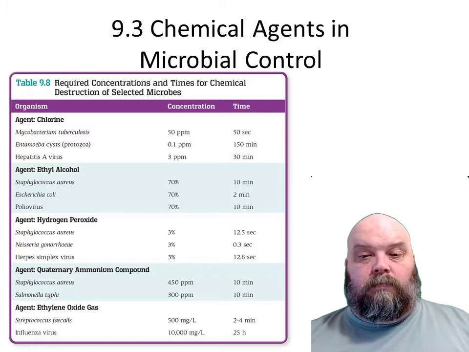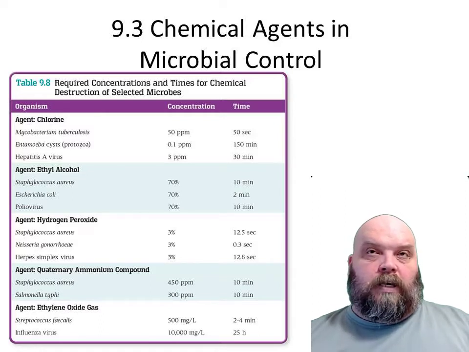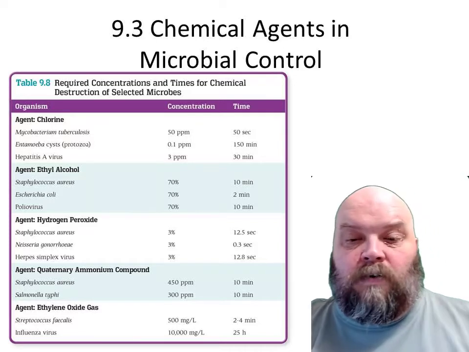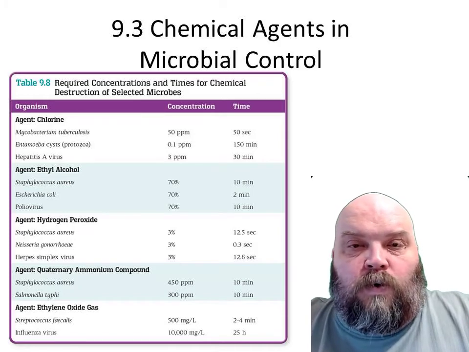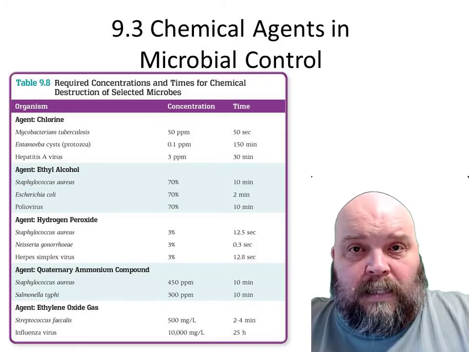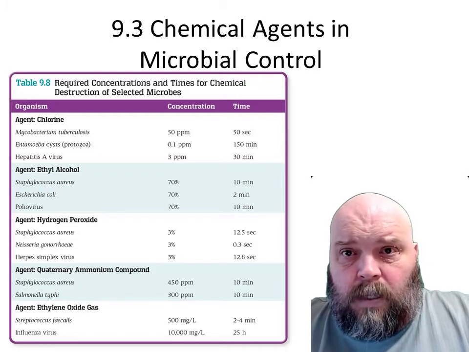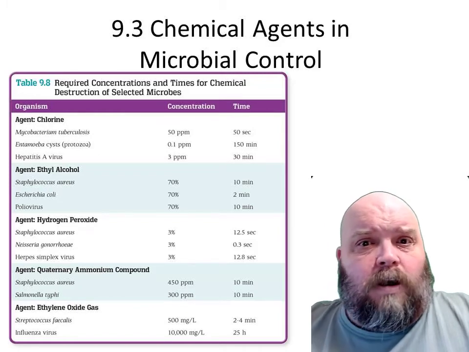But look at it. Different concentrations can work within a few minutes. Other concentrations, 10,000 milligrams per liter in the air, it's going to take over 24 hours. So you pump in the gas, and then you walk away for a day.